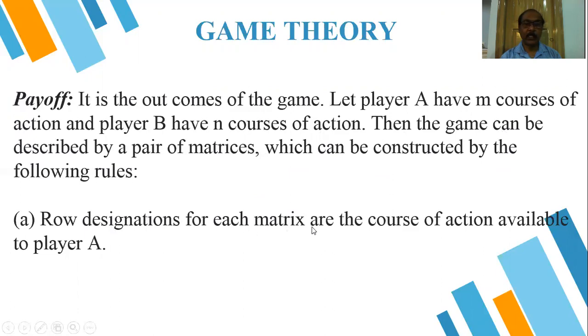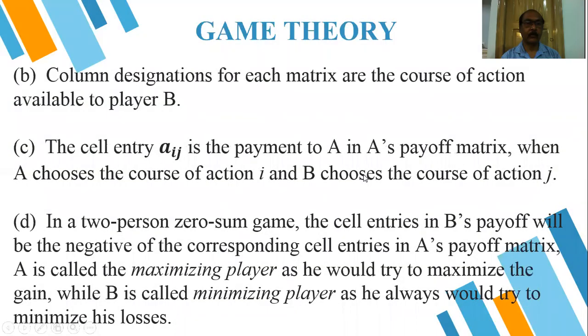Row designations for each matrix are the courses of action available to player A. If it is related to player A, then it is the matrix for player A. Column designations for each matrix are the courses of action available to player B. The cell entry Aij is the payment to A in A's payoff matrix when A chooses the ith course of action and B chooses the jth course of action.